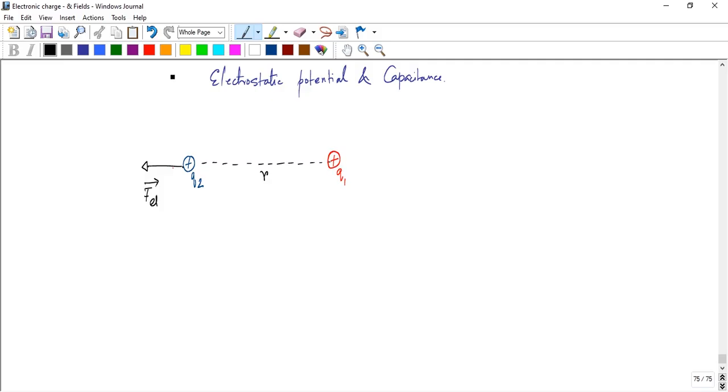Suppose the point is point p at that distance. So there is a force. Now suppose a charge q is placed here, just dropped here from anywhere, and this q charge does not stay. Actually the q2 charge moves away from q1.